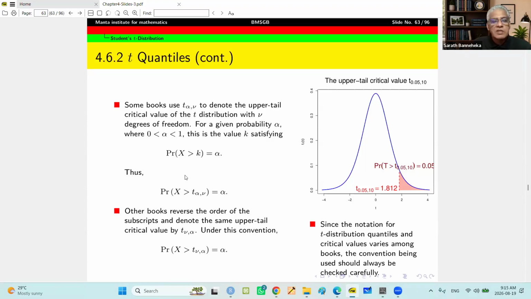But anyway, in this case, there will be no confusion because one of these numbers is always greater than or equal to 1 in practice, but the other value, alpha, is always between 0 and 1, right? So whenever you see these two numbers, you will be able to decide which one is the degrees of freedom and which one is the alpha, right?